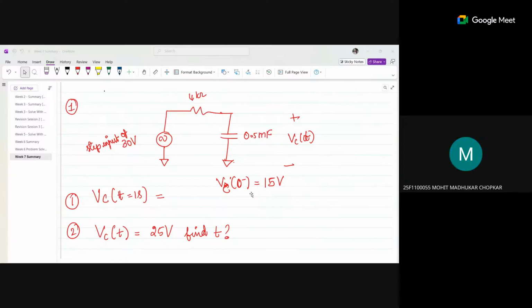Yes, step input, ma'am. So use the step input's formula. Take your time, calculate and tell me the answer for the first question and then the second question.